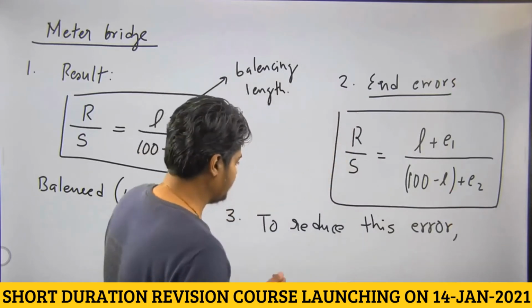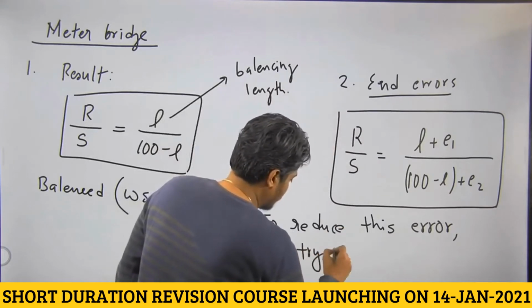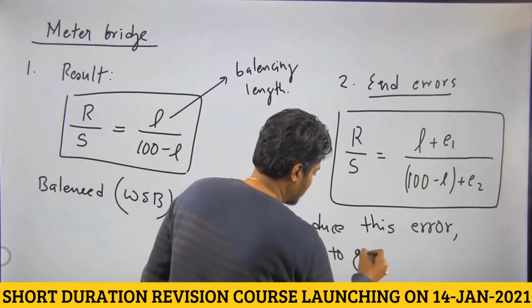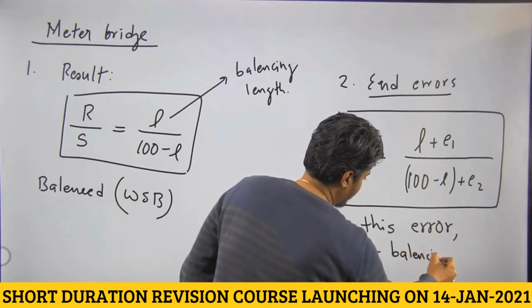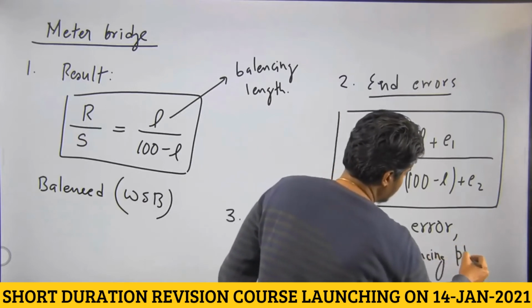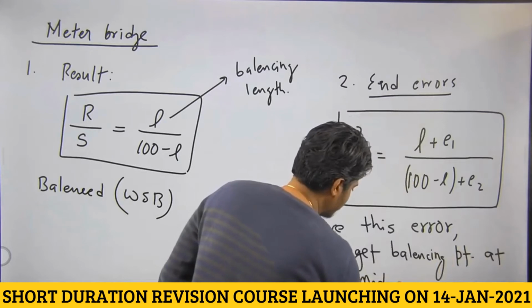So, basically to reduce this error, we try to get the balancing point at mid. How do we get this?